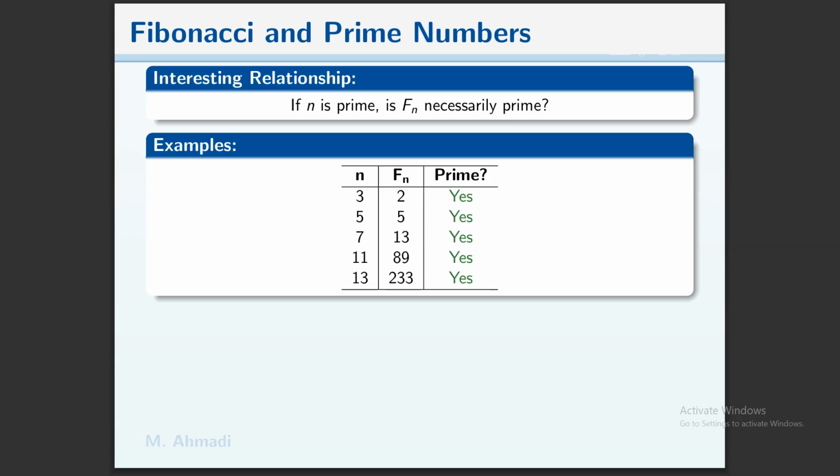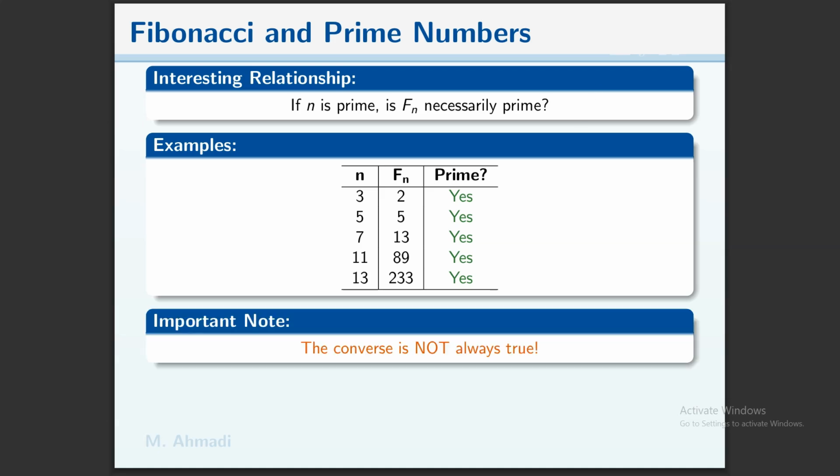N is 7, which is a prime number, then F7 is 13, and 13 is a prime number. And for n equals 11, F11 is 89. N equals 13, F13 equals 233. All these Fn are prime.